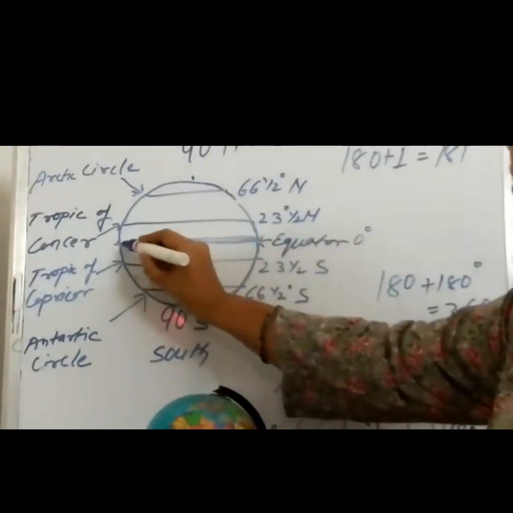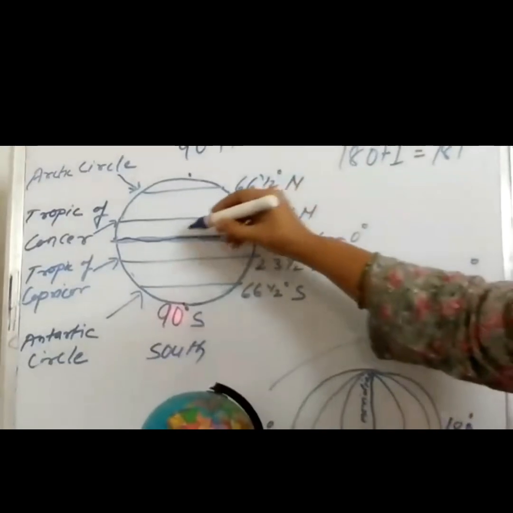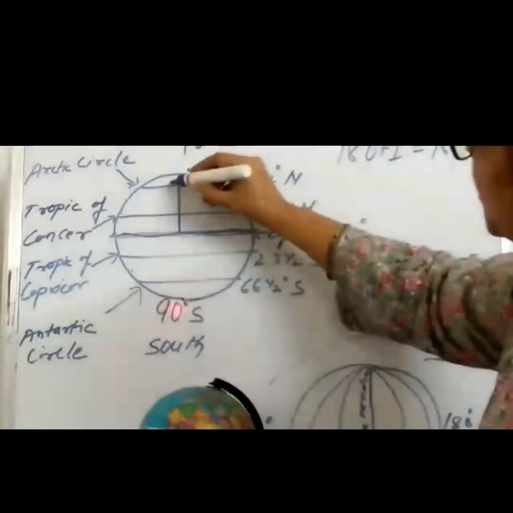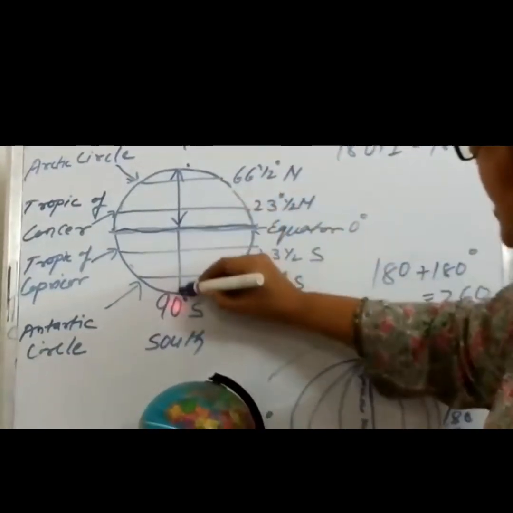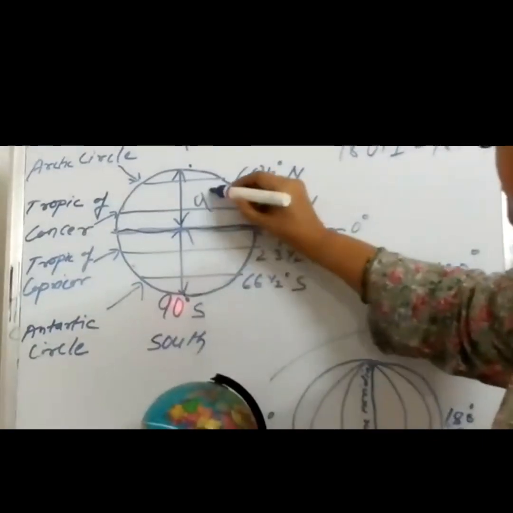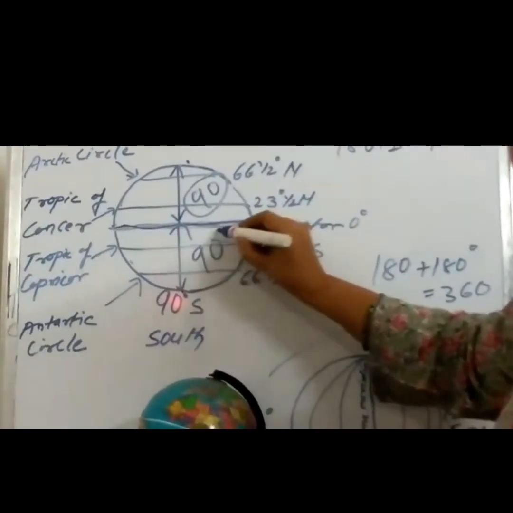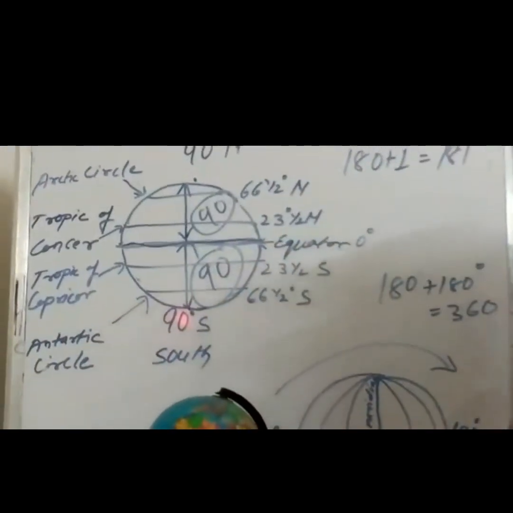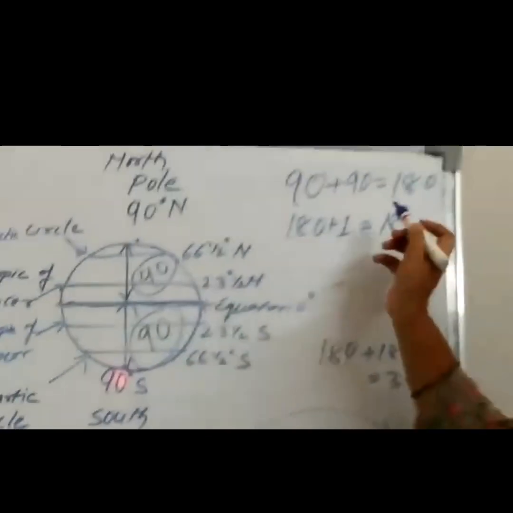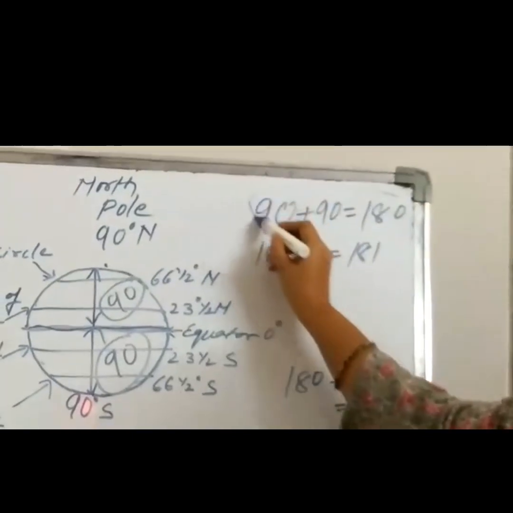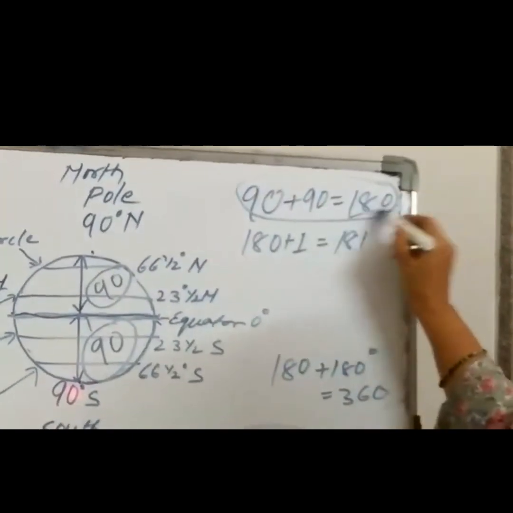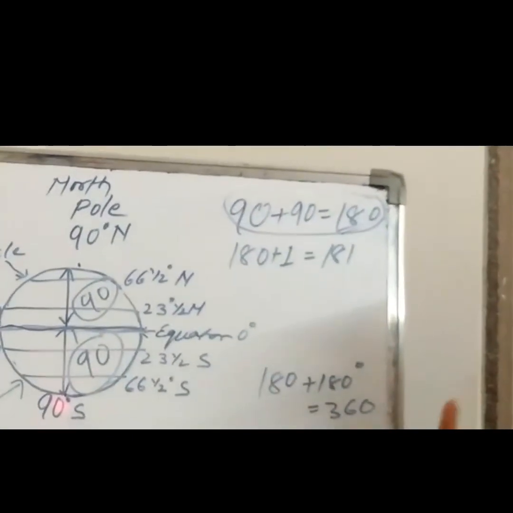That means the equator is a very important line that divides the earth into two equal halves. Here we have a total of 90 latitude lines in the northern hemisphere and 90 in the southern hemisphere. So when we calculate, 90 plus 90, we have 180 latitudes.